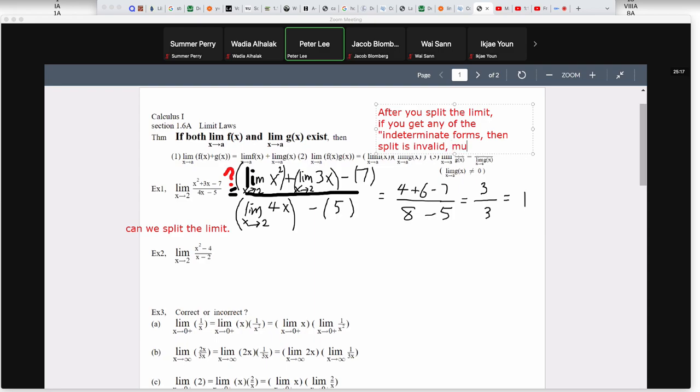Invalid, you must go back. Then what? Then you cannot split.